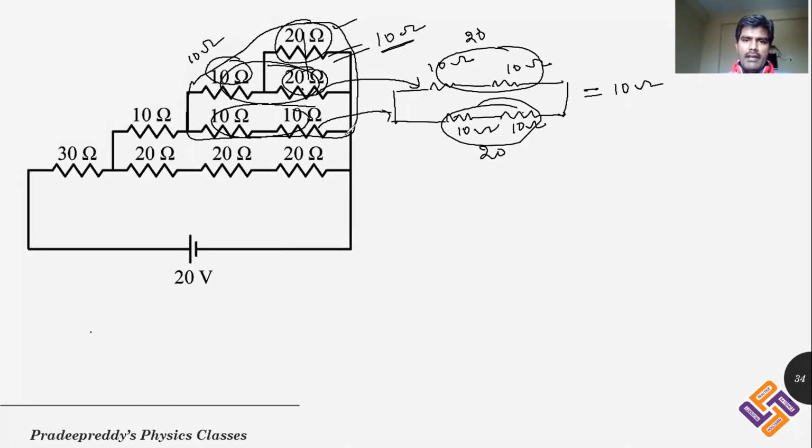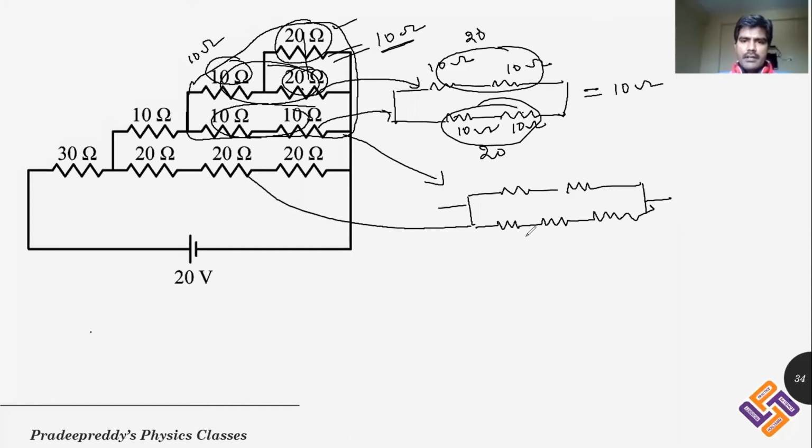Therefore, the final value here: there will be 10 ohm, there will be 10 ohm, and in the middle we have three 20 ohm resistors, 20, 20, 20. Bottom and top, here it is 10 ohm, this 10, and this total we have calculated and it is 10 ohm.